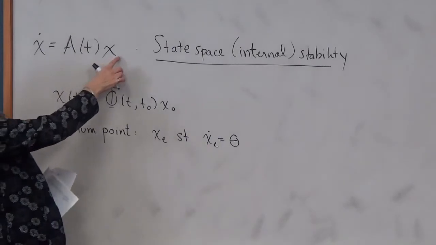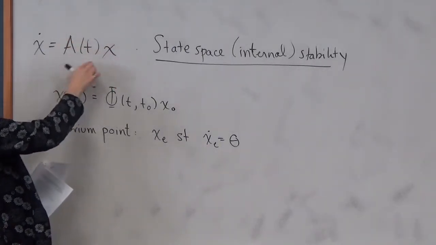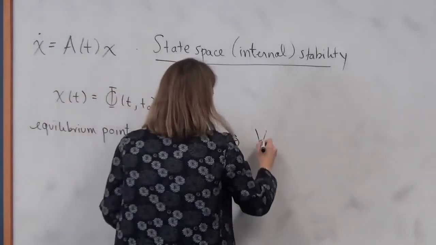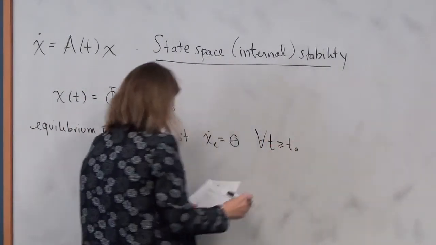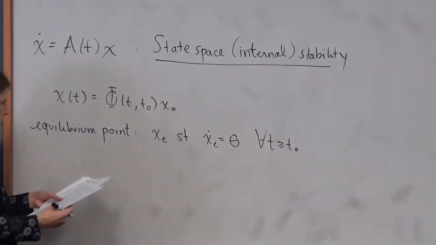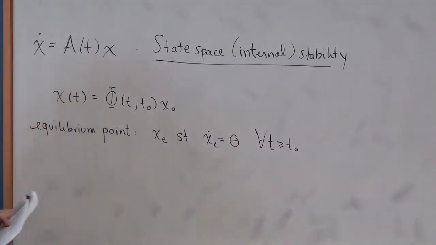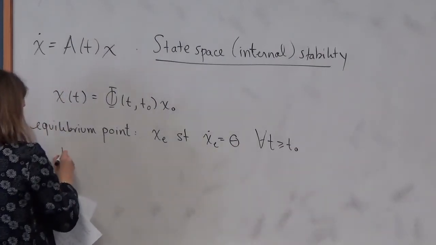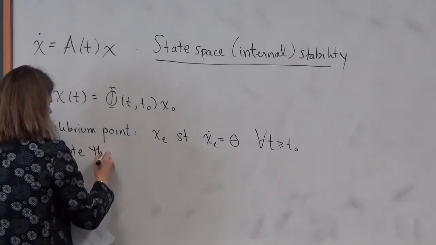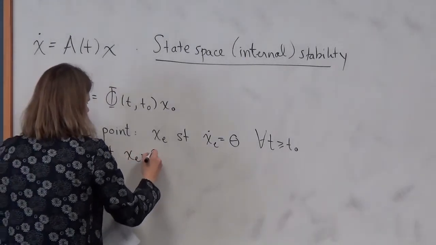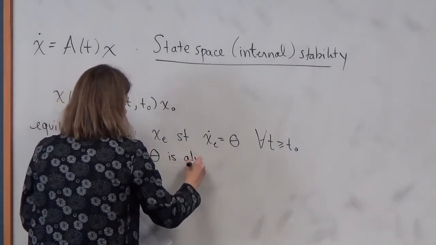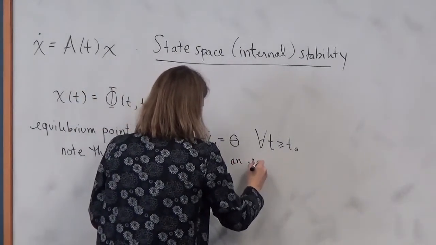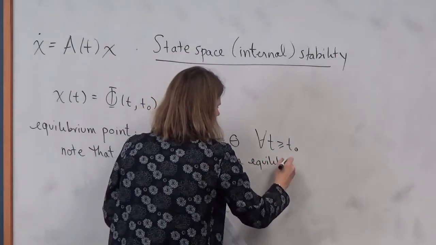So if you plug in x_e here, it's in the null space of A(t) for all t. In this case, 0 is always an equilibrium point of this system. It's always in the null space of A(t). You may have other equilibria.